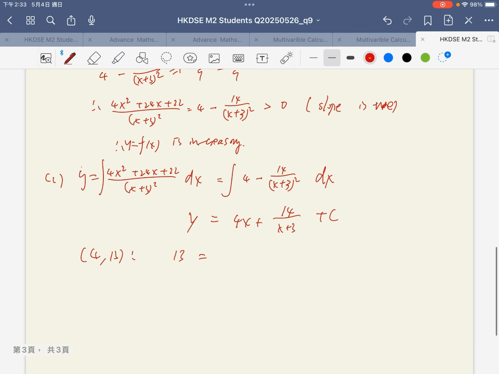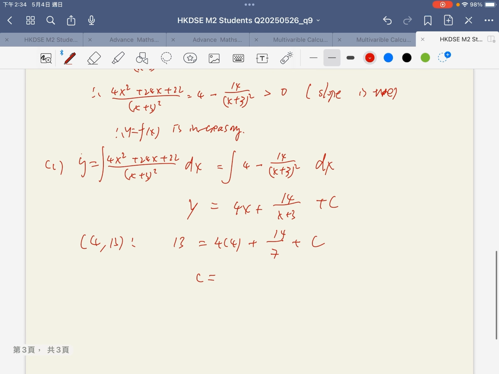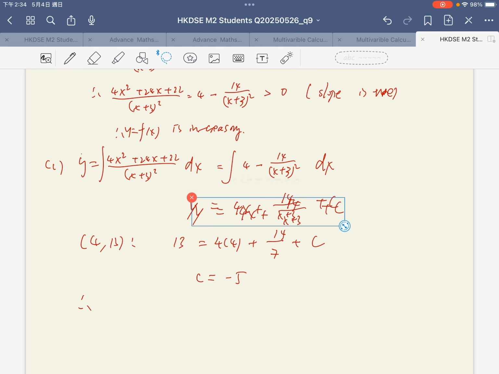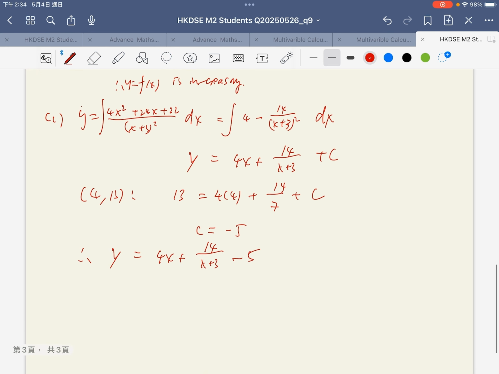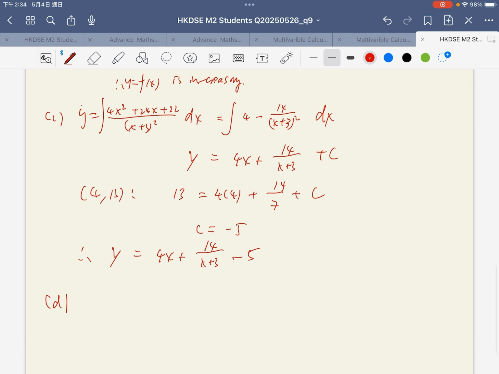That means y equal to 13 and x equal to 4. This is 7, then c should be equal to negative 5. Therefore, y equal to 4x plus 14 over x plus 3 minus 5.